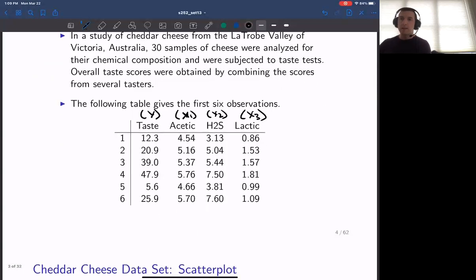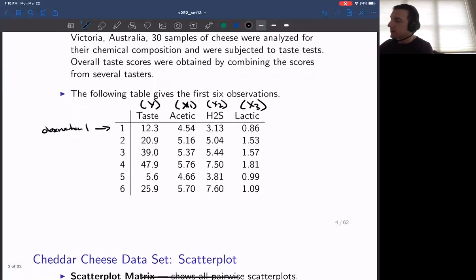When we are working with MLR, you can see that each observation, for example, observation 1, contains multiple measurements. So observation 1 here has 4 different variables associated with it: taste, acidic, H2S, and lactate, right? Observation 2 is the same idea. So it also has 4 different measurements associated with it: taste, acidic, H2S, and lactate.